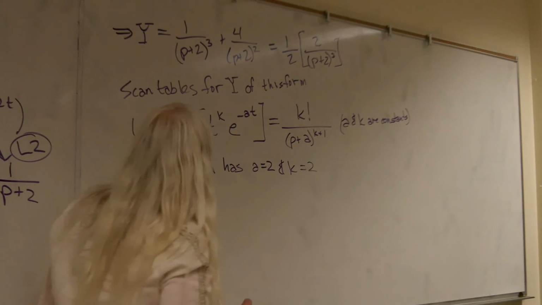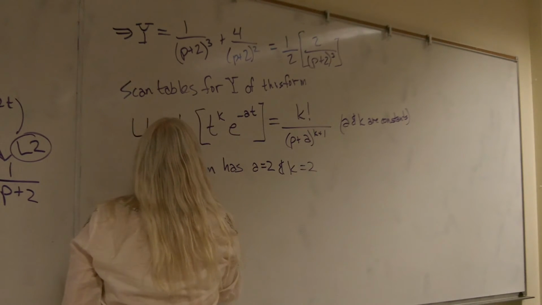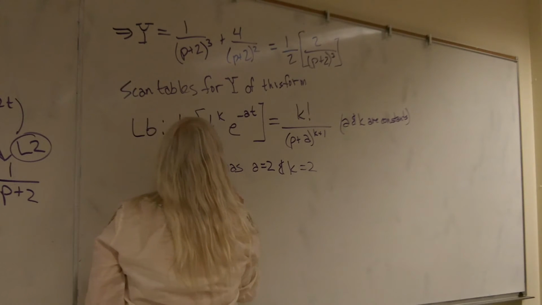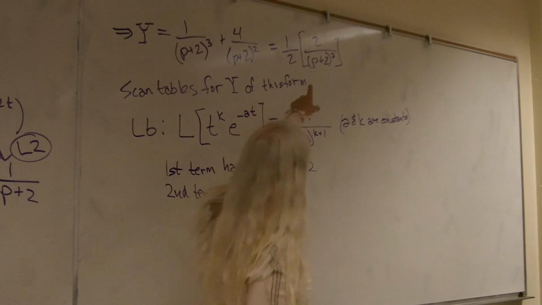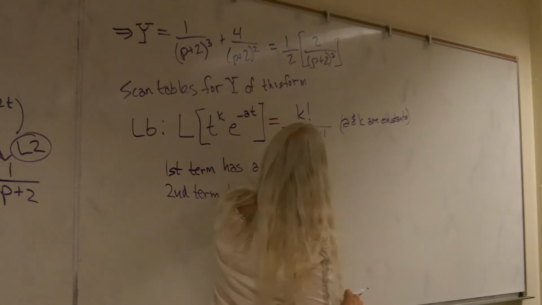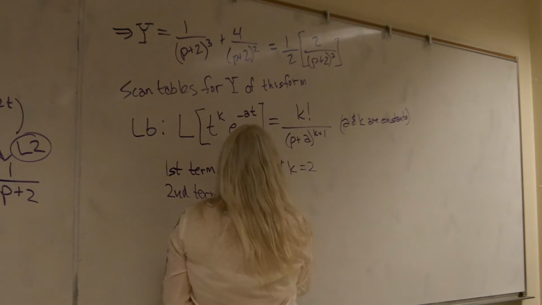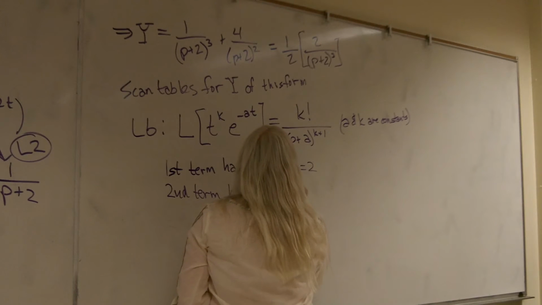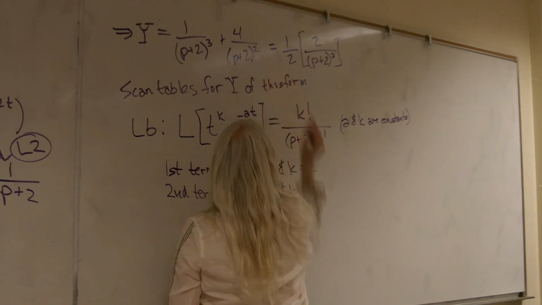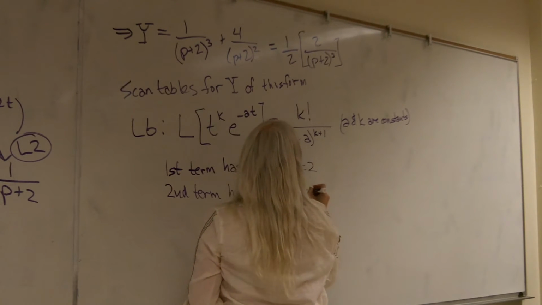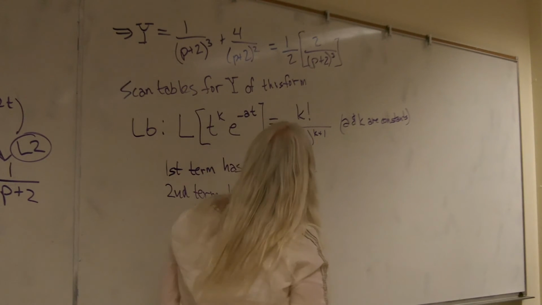And what about the second term? Well, again, we have a p plus 2 to a power, so it looks like a is equal to 2 again, and the power is k plus 1. Well, the power is squared right there, so that means k would have to be 1.